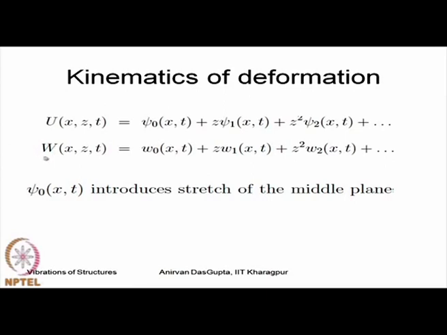Similarly, this transverse deflection is also expanded as a series in powers of z, where you introduce these field variables W0, W1, W2. Now, here this psi 0 introduces the stretch of the middle plane.